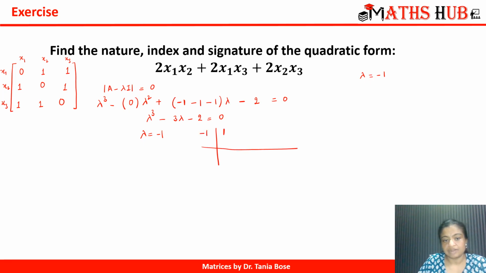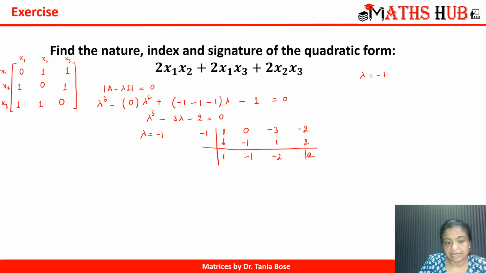The coefficient of lambda cube is 1. The coefficient of lambda square is missing. The coefficient of lambda is minus 3. And the constant term is minus 2. Minus 1 into 1 is minus 1. Add 0, minus 1 into minus 1 is 1. Add minus 3, and so on. Minus 1 into minus 2 is 2. Add, you will get a 0 over here.